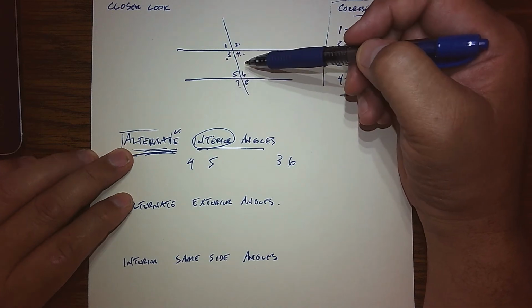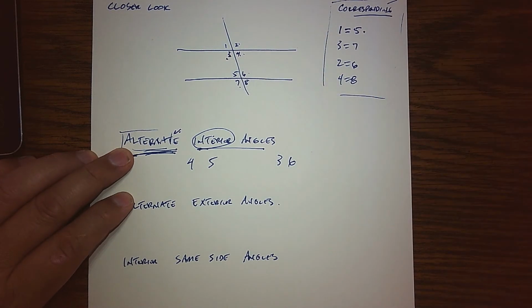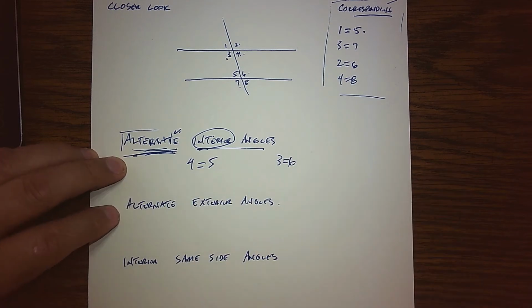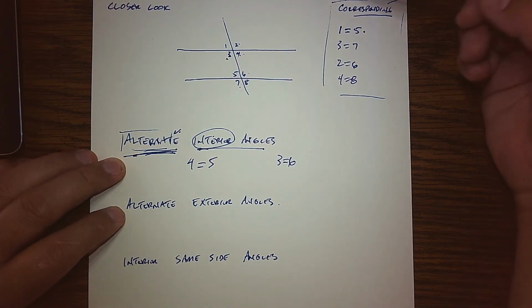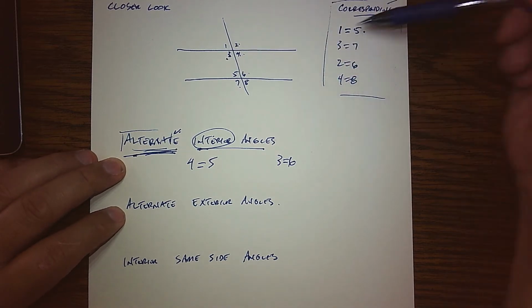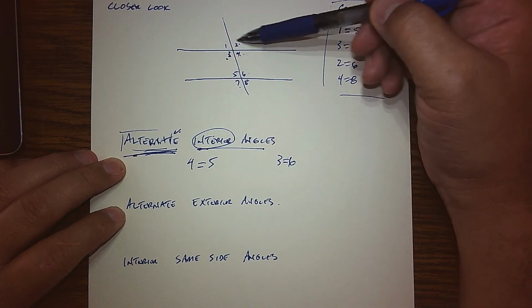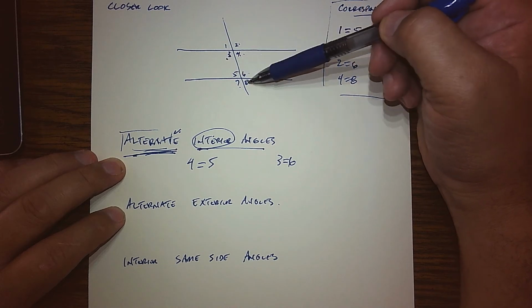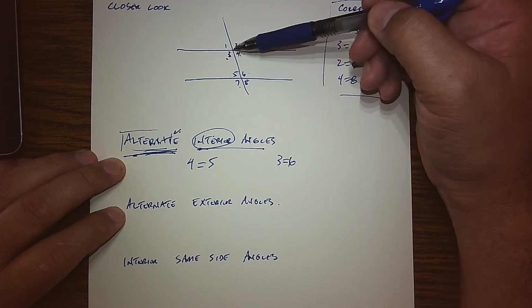Of course, if we take a really close look and talk about all the situations, it actually turns out that these angles are equal to each other. And the reason is because we know that 1 and 5 are already equal, and because of the vertical angle situation, we know 1 is equal to 4. So if 1 is equal to 4, and 5 is equal to 8, these are the same pictures.